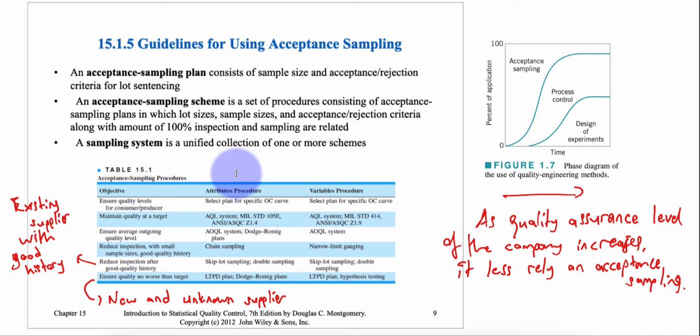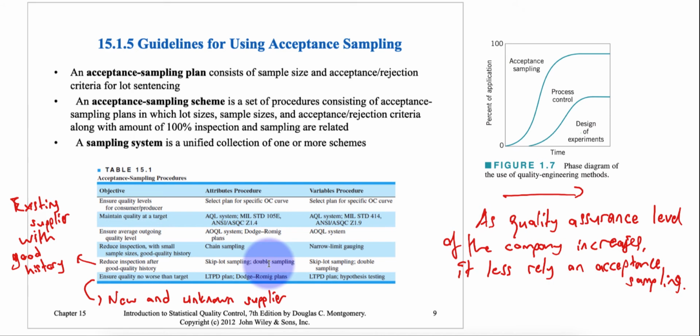So according to our objective with acceptance sampling, we will choose our procedure. For example, if the objective is to reduce the number of inspections after a good quality history, we can use skip lot sampling or double sampling, because we want to reduce the number of inspections.